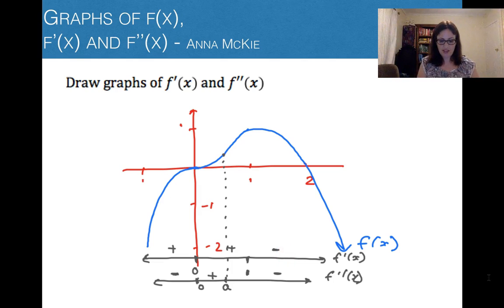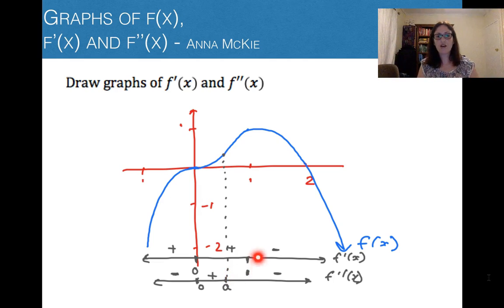So it's going to have a touch x-intercept at 0 and then cut back through at 1. Now the other significant part here is that its derivative graph, the second derivative, has a stationary point at A.